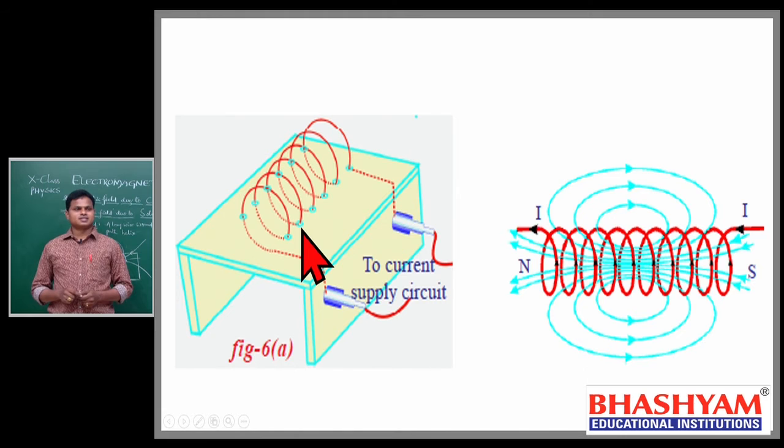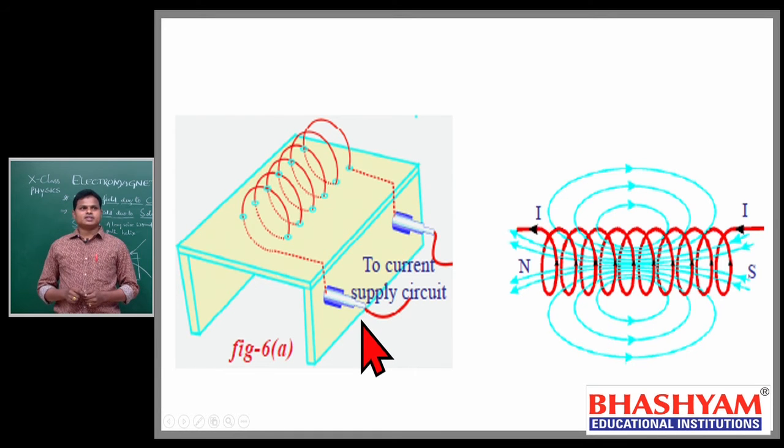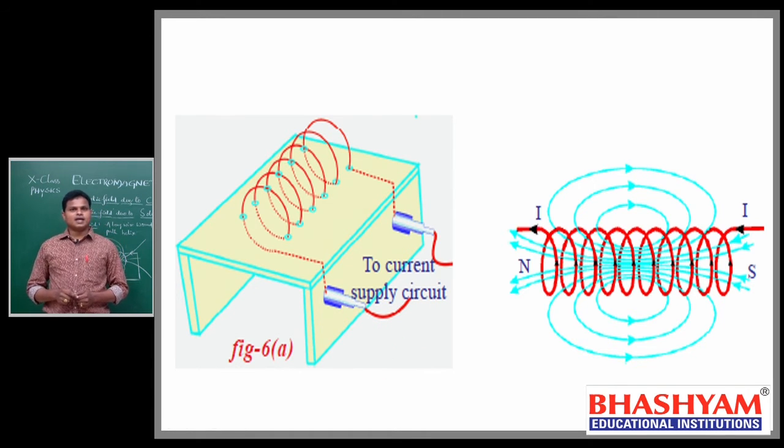A solenoid is a long wire wound in a closed path helix. Now join the ends of this solenoid coil and connect it to the battery with a switch. When the switch is on, the current passes through the solenoid. Whenever the current passes through the solenoid, a magnetic field is produced around the solenoid.